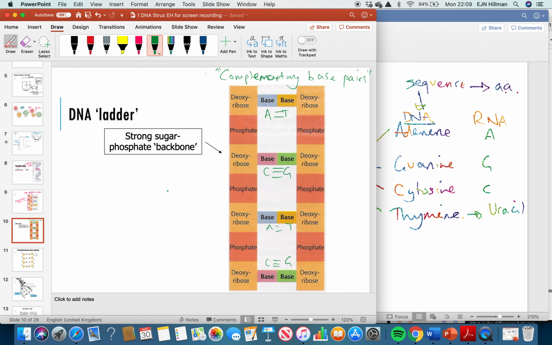That produces that sugar phosphate backbone. Remember, the sugar phosphate backbone joined by phosphodiester bonds. And there are 2 of them. The 2 sugar phosphate backbones protect the sequence of complementary base pairs between them. Okay, and that makes the molecule more stable.